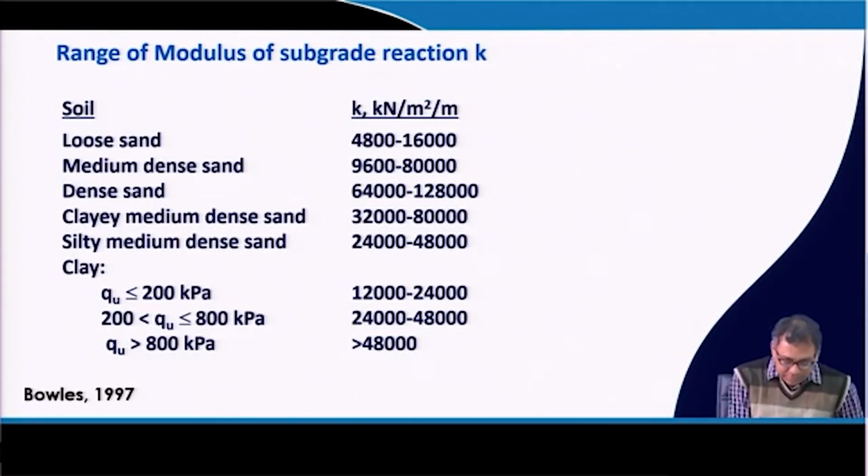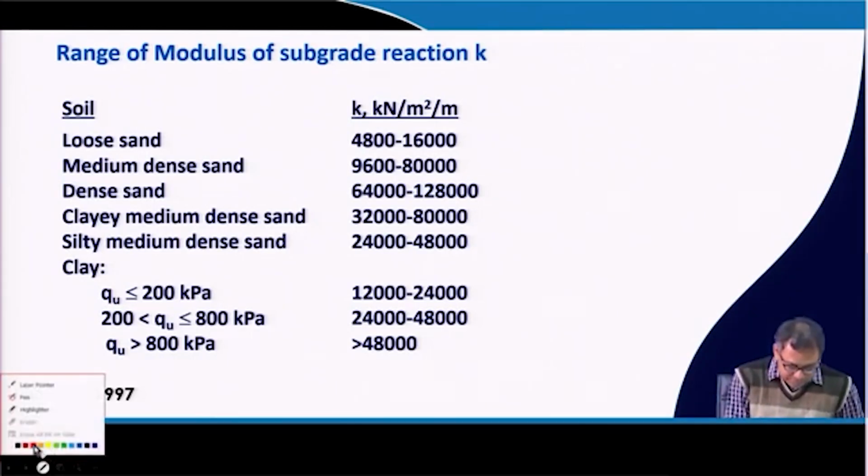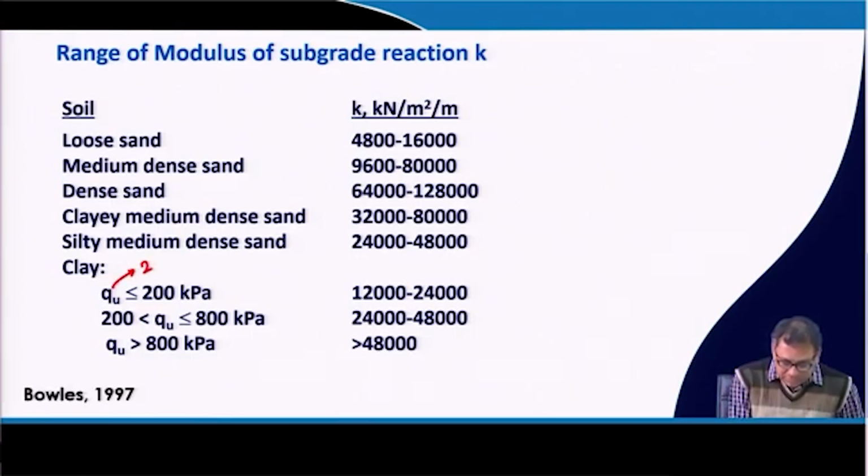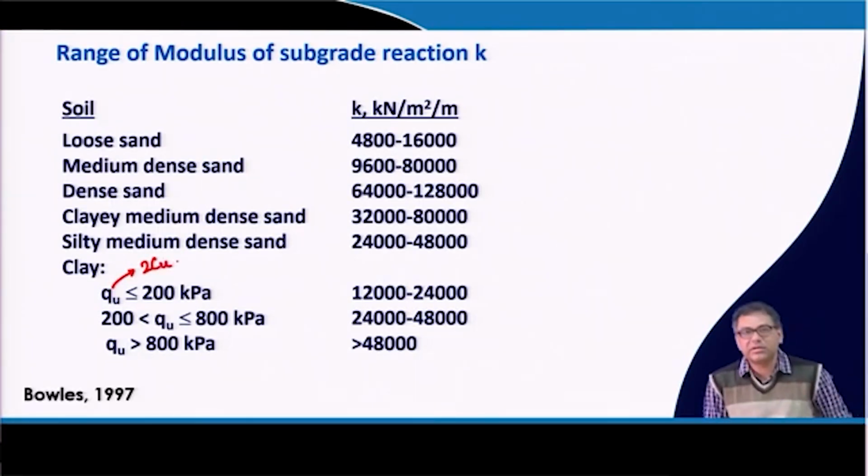That means qu, the unconfined compressive strength of the soil, is equal to twice the undrained cohesion cu of the soil.